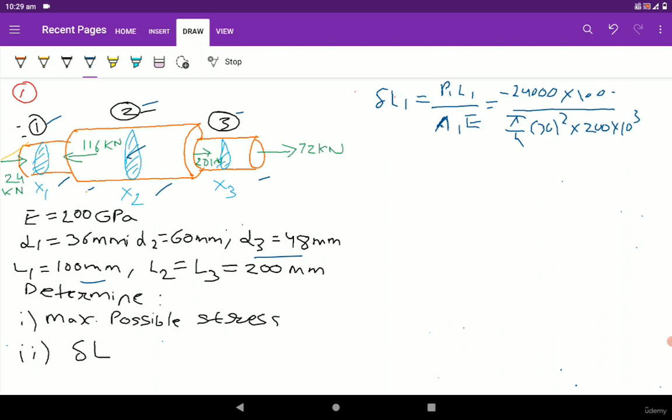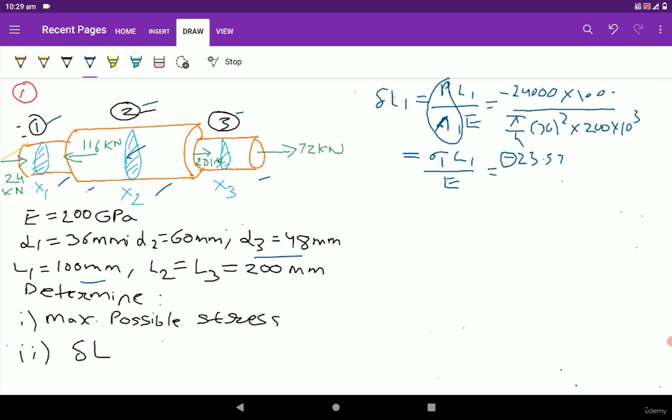So by P1 by A1 we know that it will be sigma 1 L1 upon E. We know the value of sigma 1, which is compressive in nature, so minus 23.57. You should always remember to take the sign convention in the question while solving it.